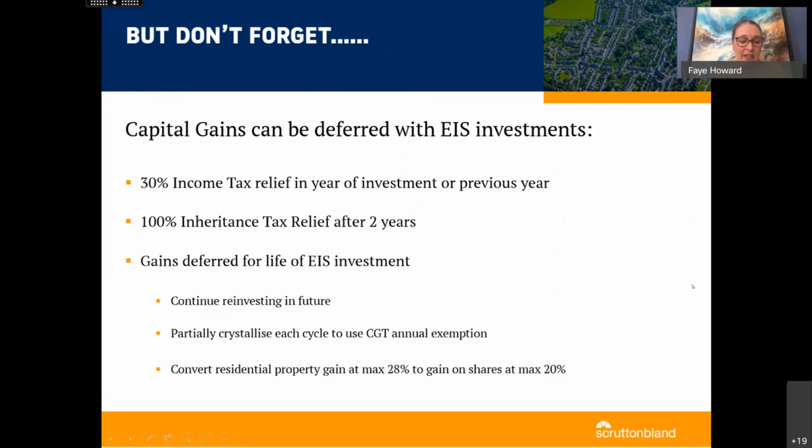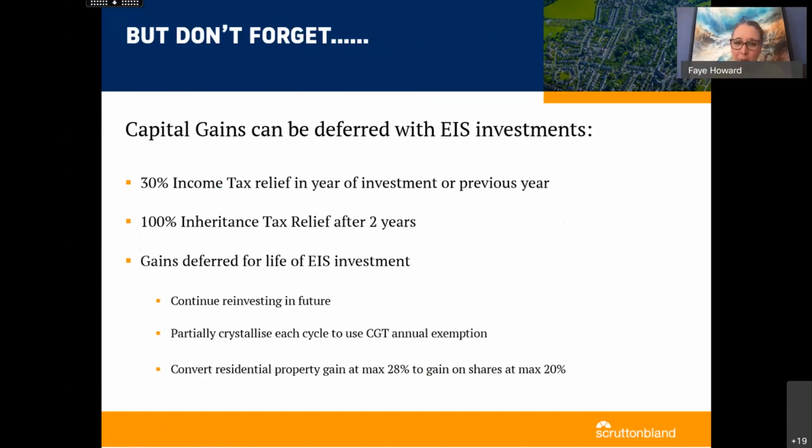The tax reliefs that you can get by investing in these particular vehicles are 30% income tax relief in the year of the investment or the previous year, and 100% inheritance tax relief after 2 years. And the reason that I've included them in this presentation is because they can also defer the capital gain for the life of the EIS investment.